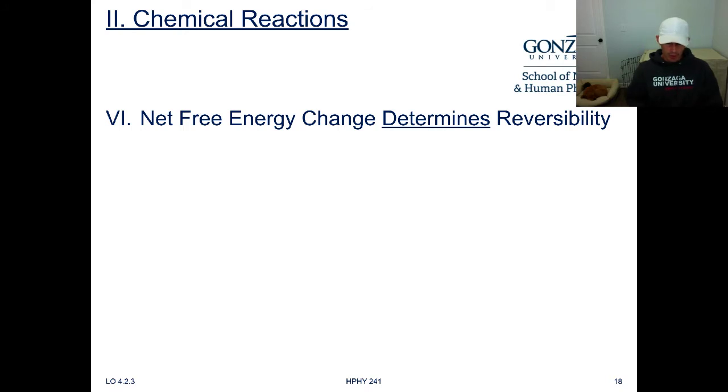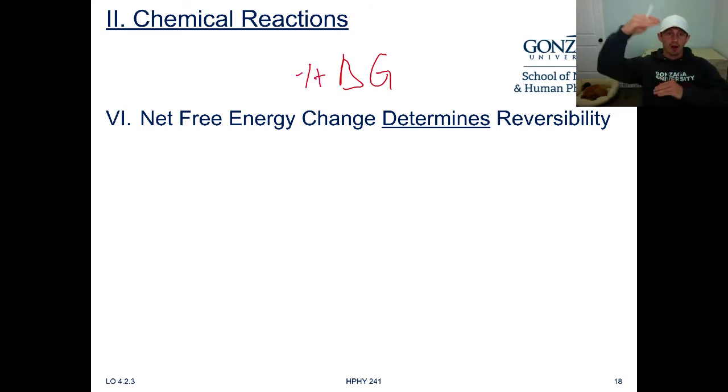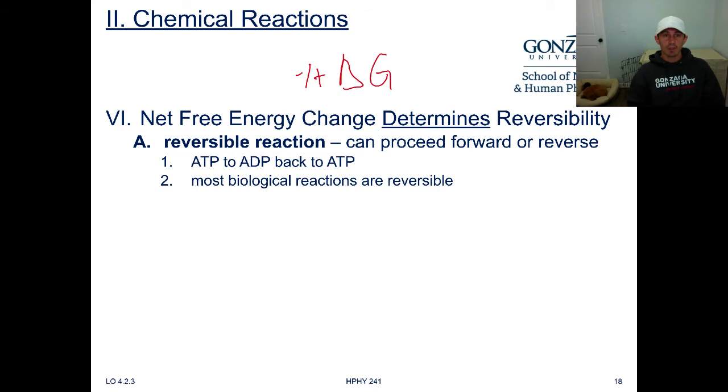All right, so a couple more things on reactions. Remember that free energy change, that delta G, whether it was negative or positive. How large, the magnitude of that change, determines whether a reaction can proceed in the opposite direction, or its reversibility. You might be wondering why, but it is actually very advantageous for many reactions to be reversible.